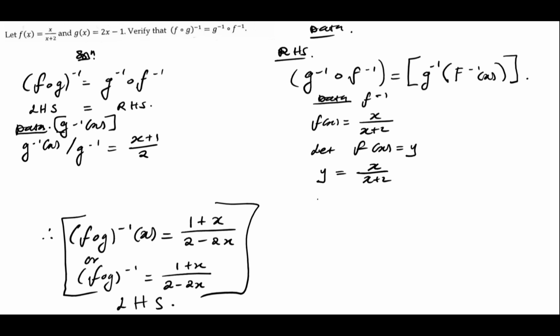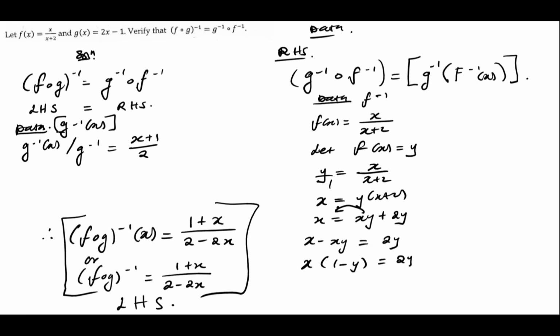Solving for x simply means we have x, because this is over 1, is equal to y times x plus 2. And we have x is equal to xy plus 2y. Now putting the x's on one side, I have x minus xy being equal to 2y. Factorizing x, we have x times 1 minus y being equal to 2y.